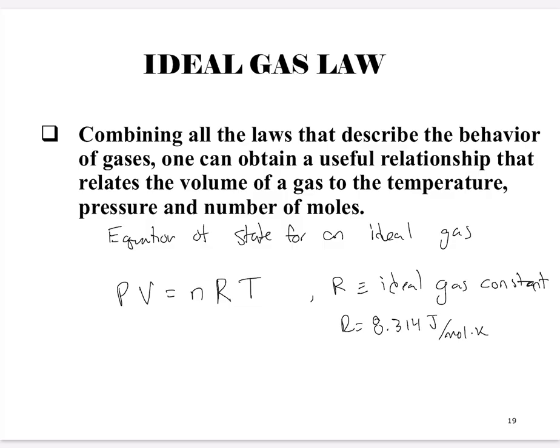The way people actually discovered the ideal gas constant is if they changed the pressure times the volume of a system and changed the number of moles and the temperature, this value always changes by some proportionality constant. So if you were to plot the pressure times the volume of any gas against the number of moles and temperature of that gas, the slope of that line would give you the ideal gas constant, right?